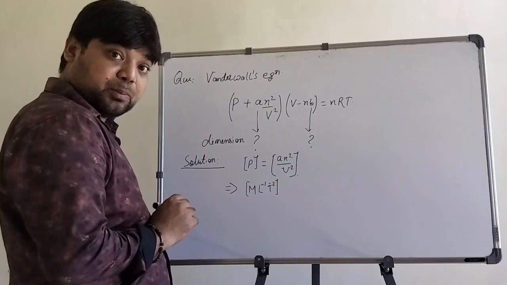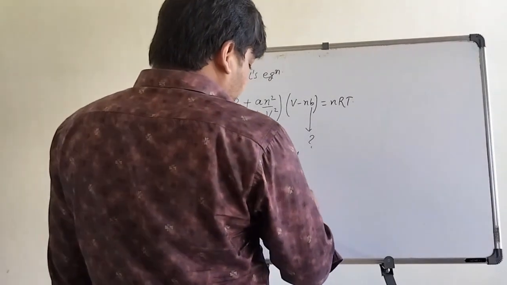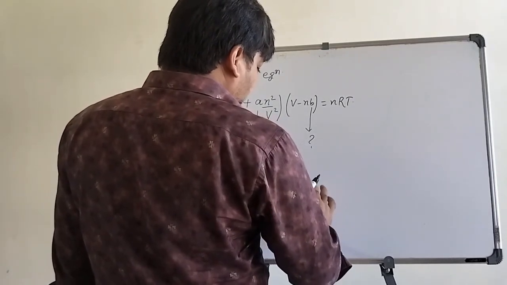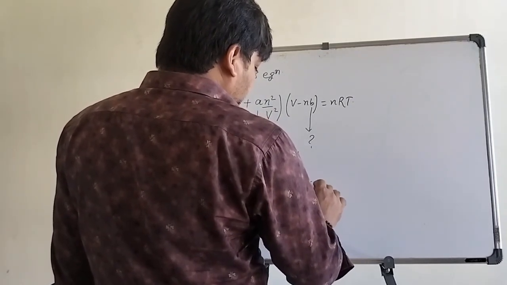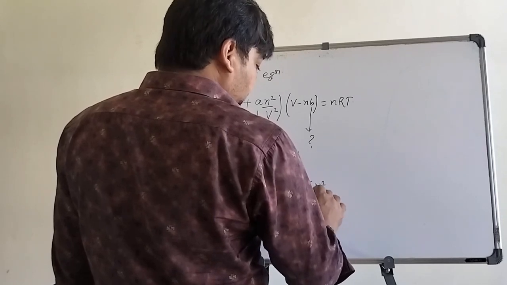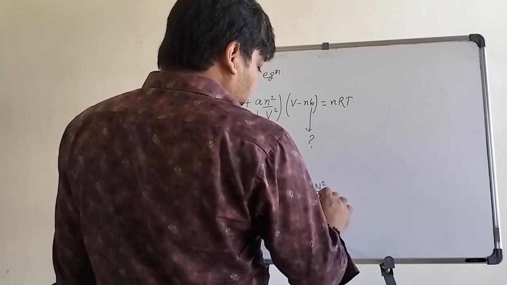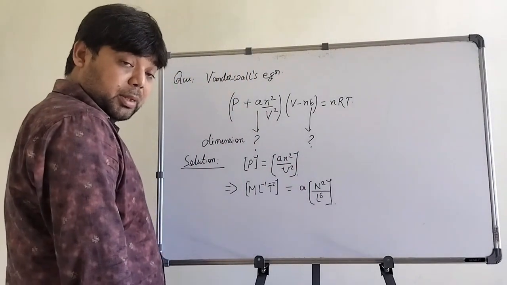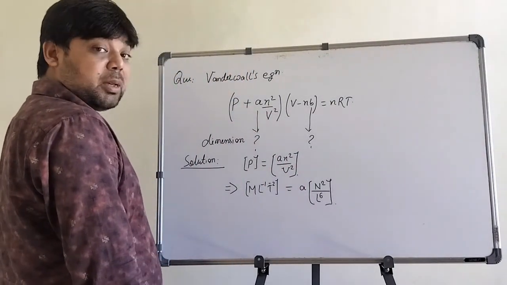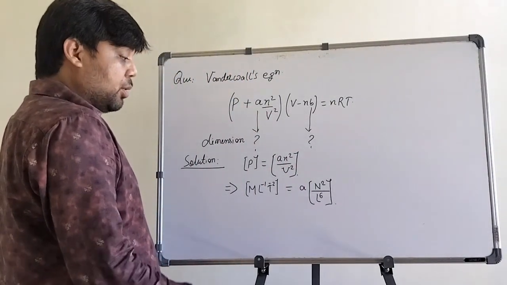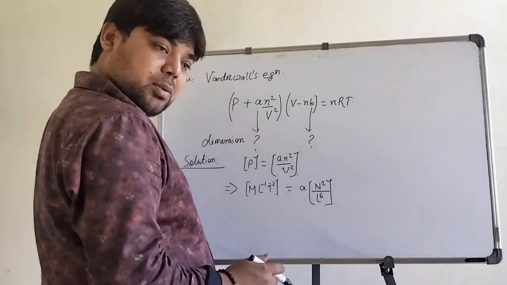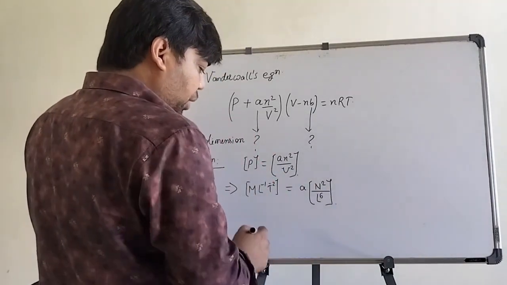This is what we have for pressure, and this is what we have for a times mole square, and this is L to the power 6. Volume is L cube, remember that. It is length multiplied by length multiplied by length, and squared it is L to the power 6. So just simplify it.